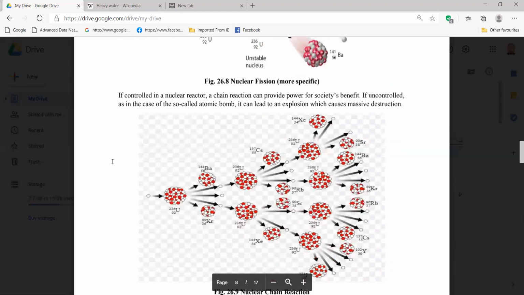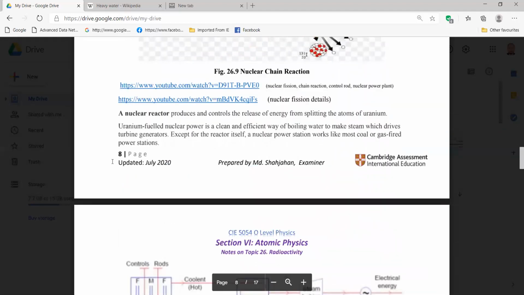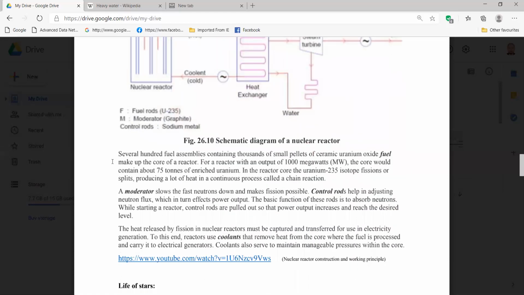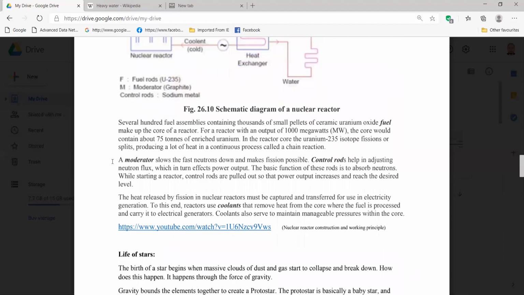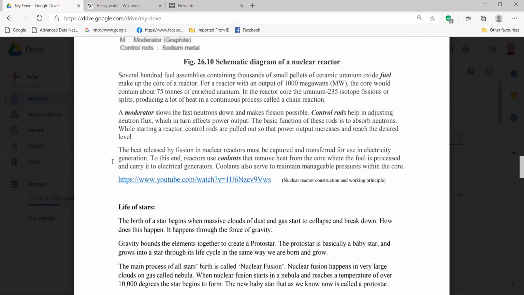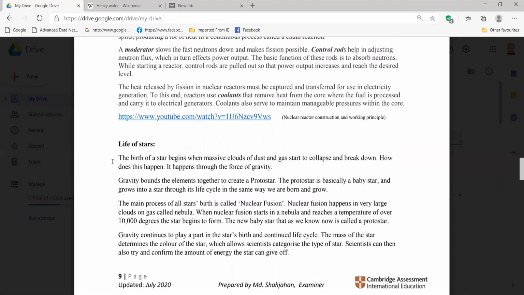Afterwards we learned about controlled and uncontrolled chain reactions in nuclear fission, and how to control them using the moderator and control rods, and how to use coolants to get the energy. Which one is the better coolant? The one that absorbs more heat energy and gives more electrical energy.